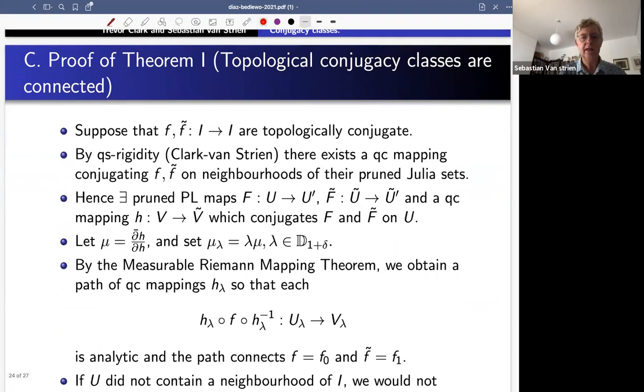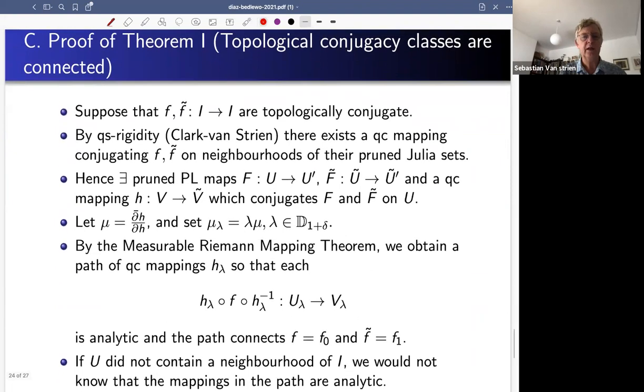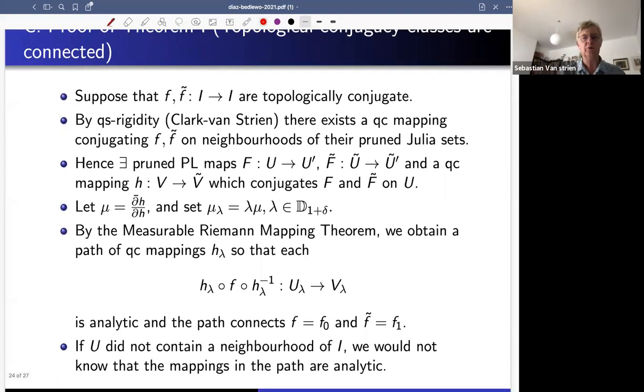So then, just let me close here with what the idea is to prove this connectedness. Well, you have this quasi-conformal mapping, which is a conjugation on the whole neighborhood of this pruned Julia set. That's the thing we were just discussing.